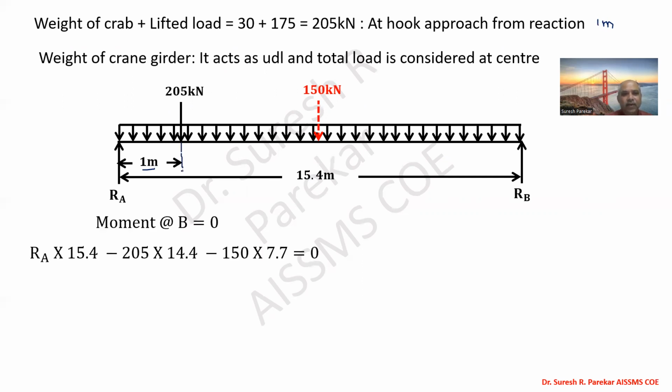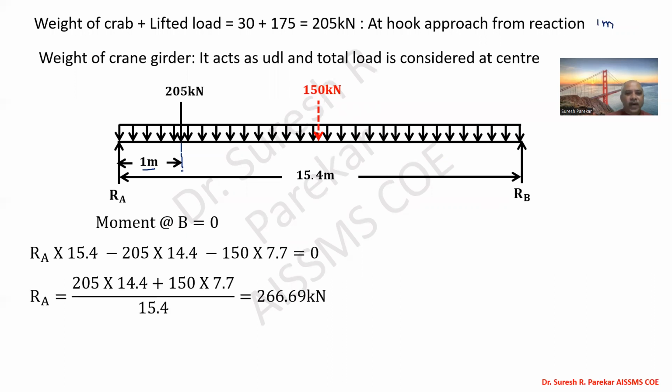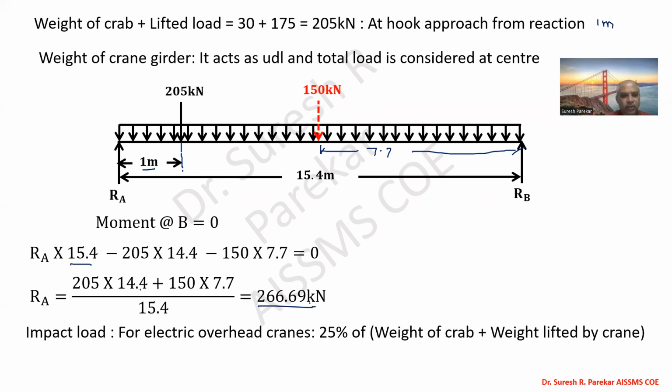Then we will find the value of RA by taking moment about RB. We will get the value of RA as 205 into 14.4, that is 15.4 minus 1, plus 150 into 7.7 from the center, divided by 15.4. We will get RA as 266.69 kilonewton. Then impact load for an electrically operated crane, we know it is 25%.